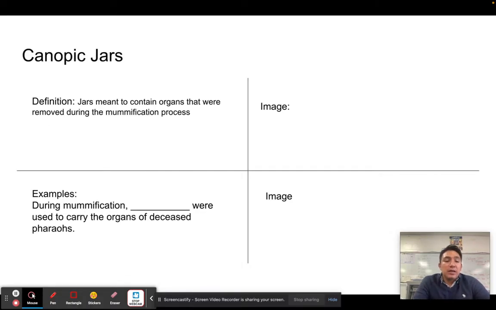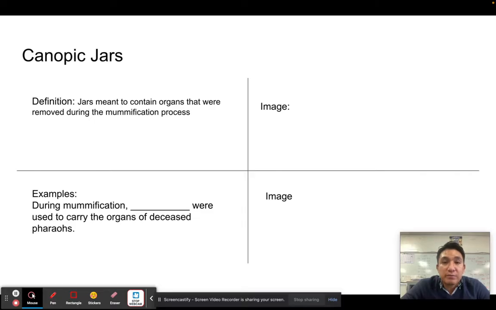All right, I believe this is our last one. So our next, second to last one, we have canopic jars. Canopic jars were meant to contain the organs that were removed during the mummification process. The reason they removed the organs and put them in these jars is they believed that in the afterlife, the dead pharaohs would need those organs with them.